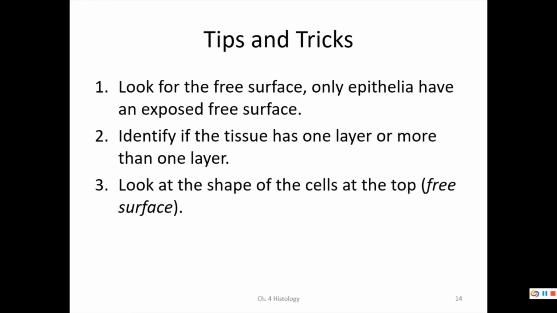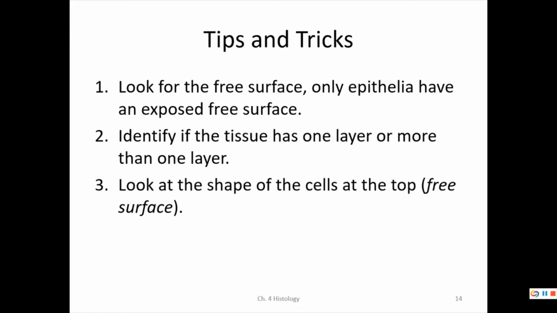Now, also, epithelia are exposed to the air. They are always exposed to a surface. Because they line the surfaces of the inside or outside of the body, they must have a free exposed surface. So look for a free surface. I'm going to show you that in every slide I give you. That's the thing you want to look for.